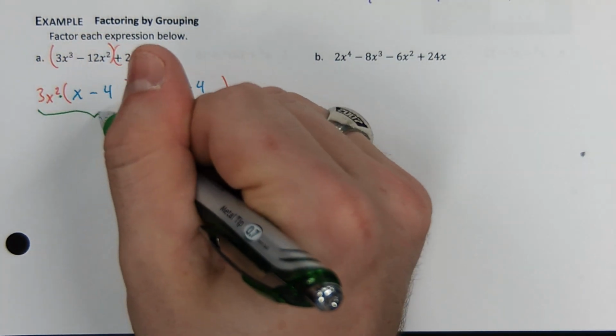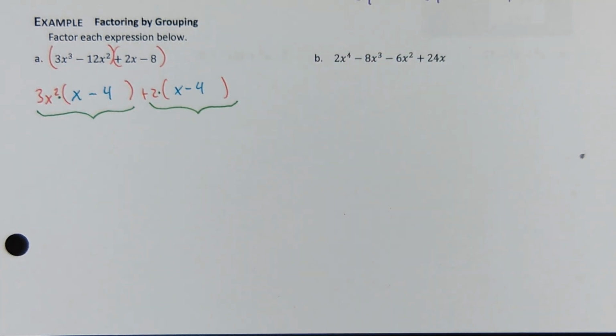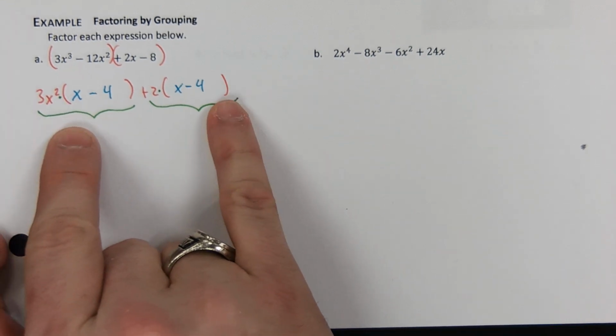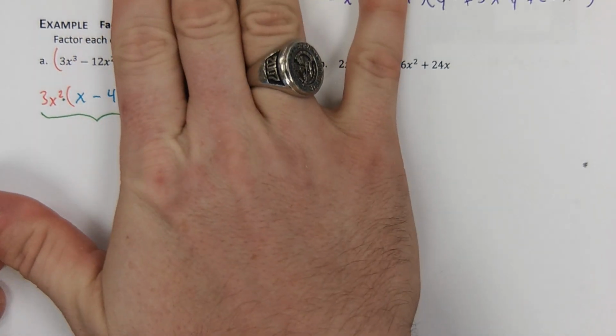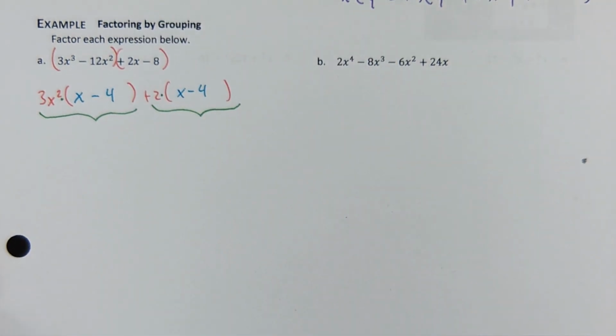So if you look at the two large objects, and you don't have to draw the braces, tell me a factor they have in common. X minus 4. That means I can undistribute an x minus 4 from both objects. Kind of like how you undistributed a 3x squared from both objects, I'm going to undistribute an x minus 4 from both objects.